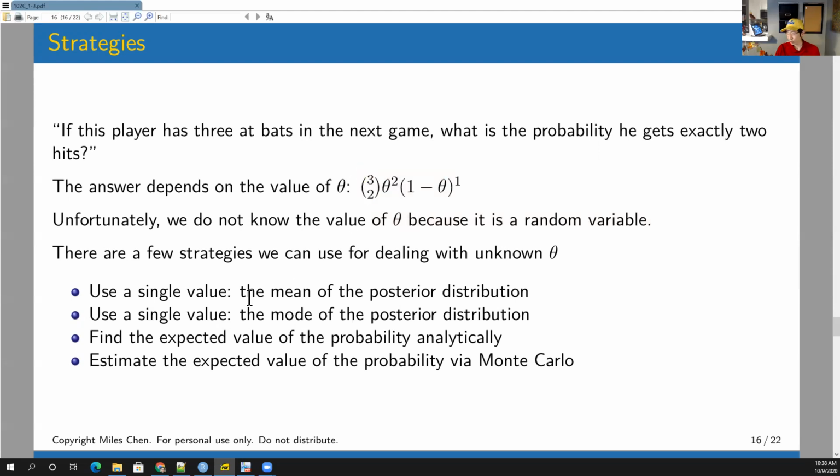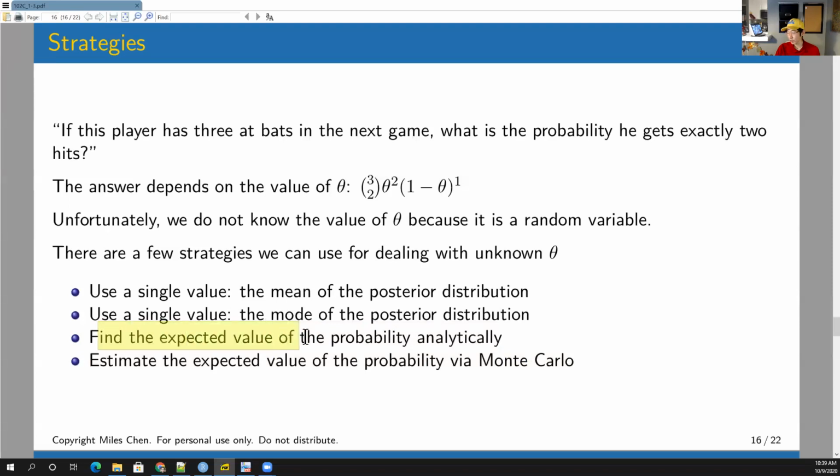There's a few strategies. One is you could just use a single value: the mean of the posterior distribution. Another is you use a single value, but you use the mode of the posterior distribution. These are okay, but probably more desirable is to find the expected value of the probability.